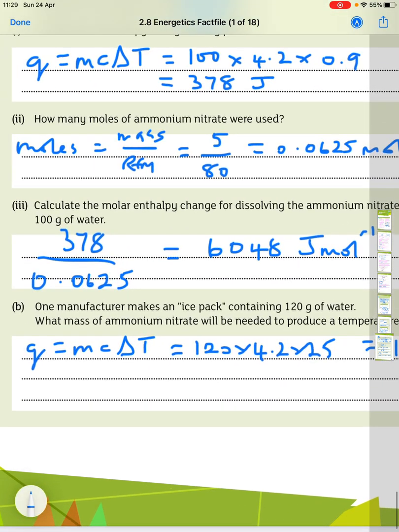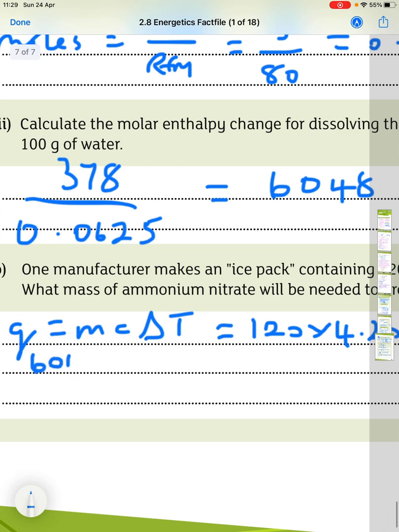So then we know that it's 6,048 joules per mole, so 6048 times the moles would be 12,600.